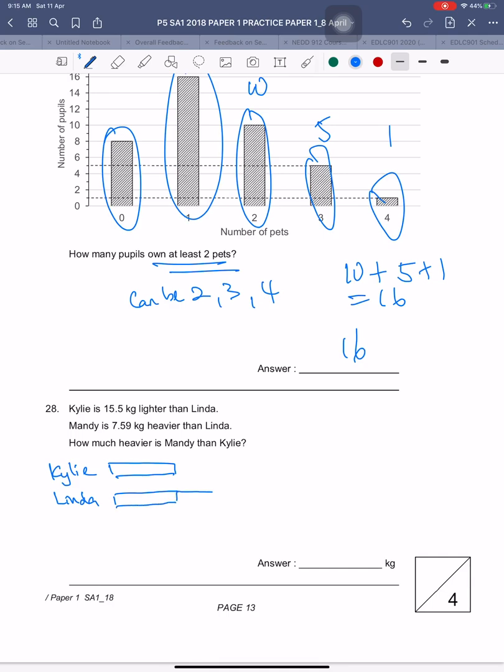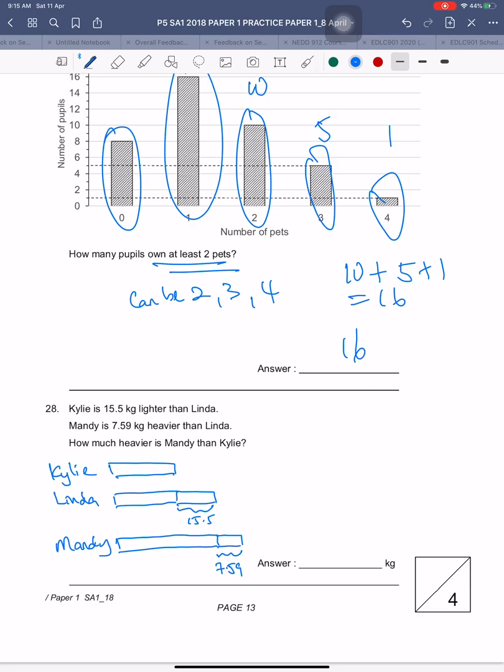That means Linda's bar should be longer by 15.5 kg. Then Mandy is 7.59 kg heavier than Linda. What I've drawn is the model for Linda. That means you need to extend by another 7.59 for Mandy.